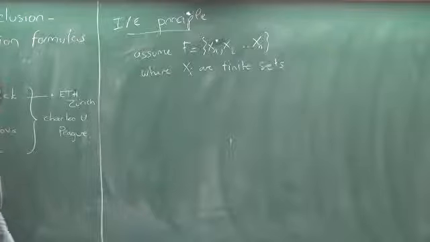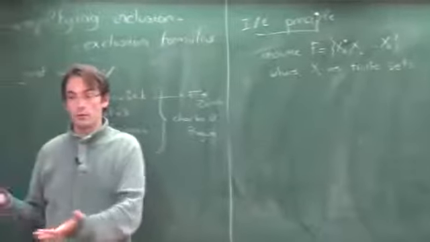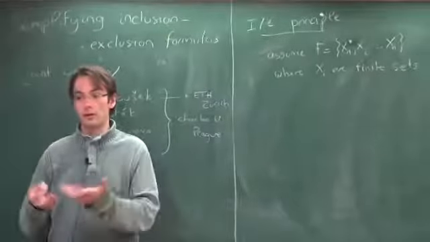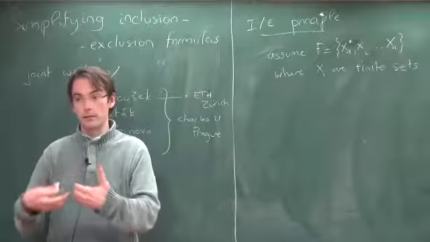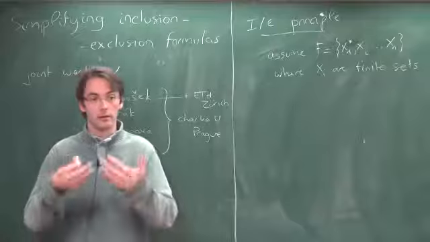So the idea is simple. You can start by adding the sizes of the sets, but then you overcounted whatever was in the intersections, so you subtract it. But then you undercounted whatever was in the triple intersection, so you add it again, and so on.